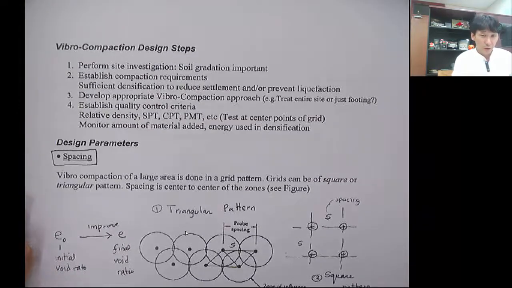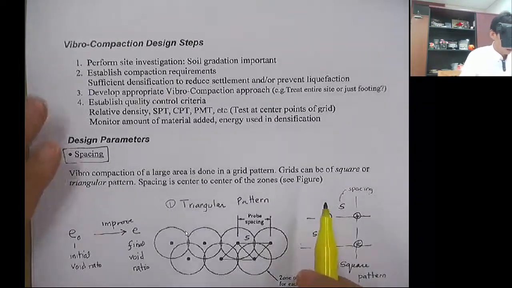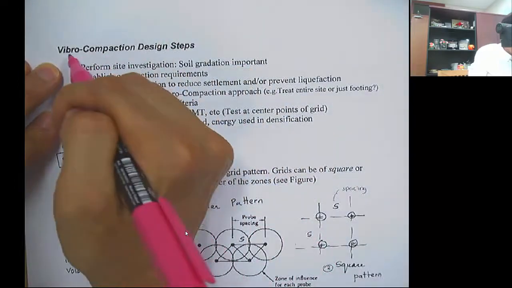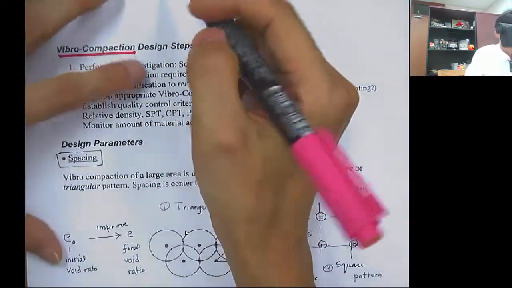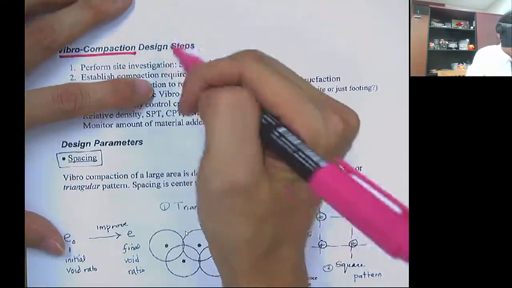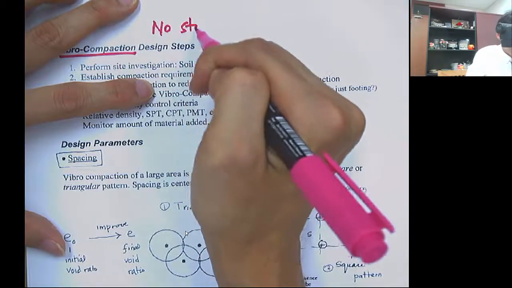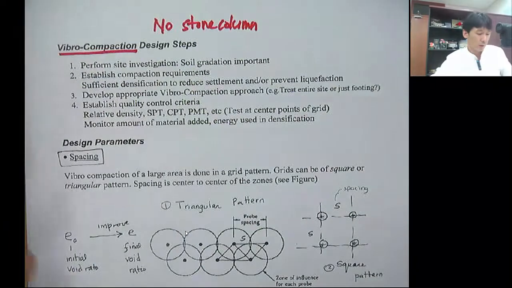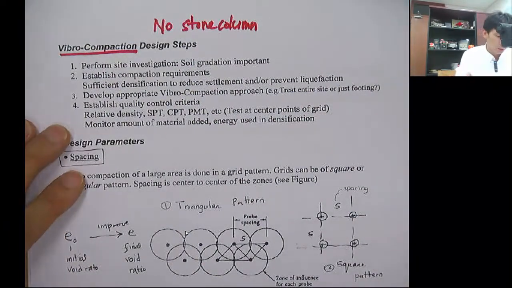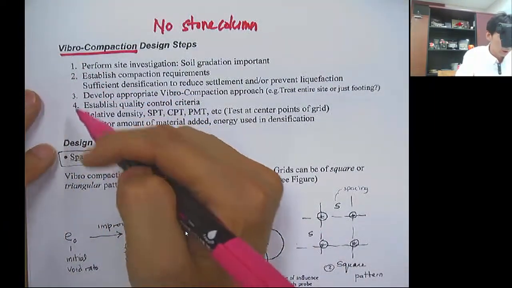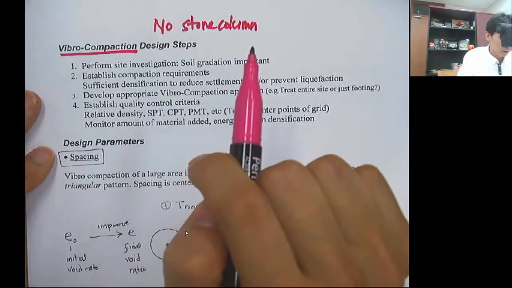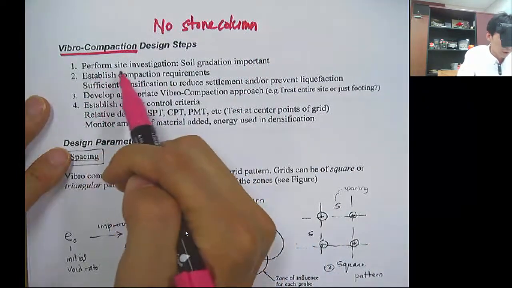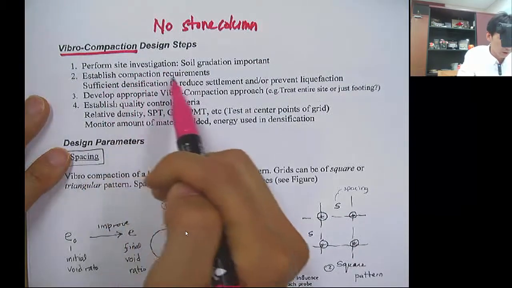And vibral compaction design steps. So here, no stone column. Because it's a vibral compaction, it uses the in-situ soil, so no stone column is built after the compaction. The typical design steps are pretty similar to the other soil improvement techniques. So perform site investigation and determine the compaction requirement.